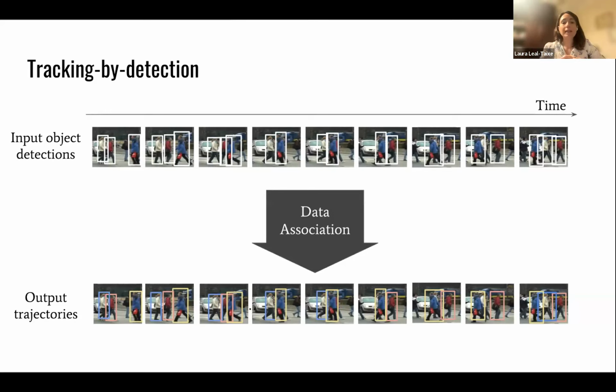We use detections as input, so these are our proposals, if you will. Then we have to associate these detections in time in order to obtain full trajectories. You see here that I've represented trajectories as color-coded bounding boxes. If two bounding boxes have the same color, it means that they represent the same person, the same trajectory.